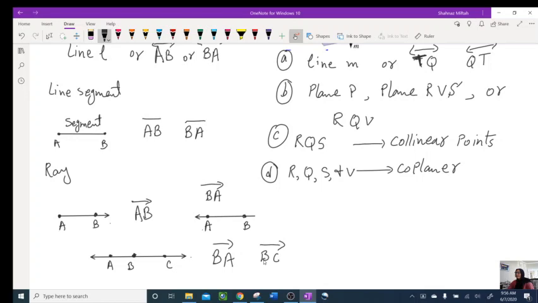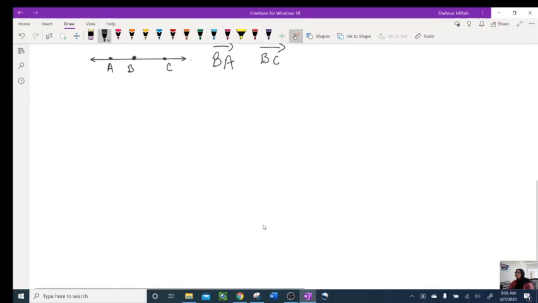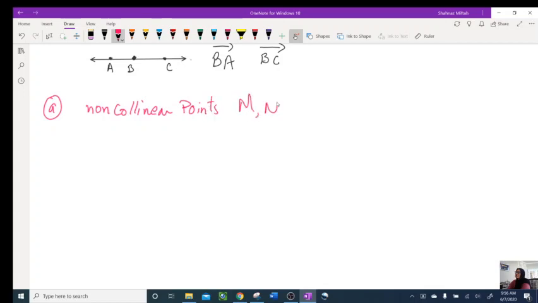Okay, what else do we need to know in this? Let's do some examples. I'm going to write my questions here first. Part A: draw 3 non-collinear points like M, N, and L. Question B: draw MN, a line.